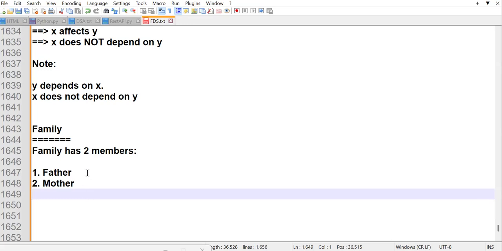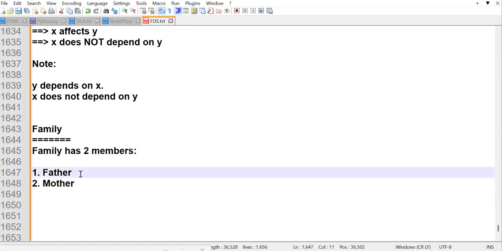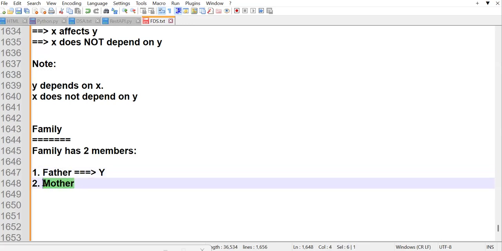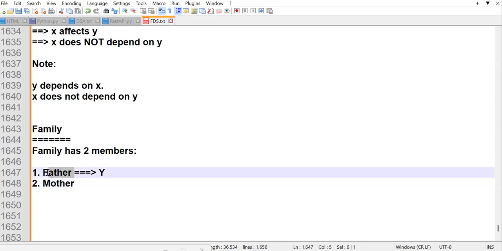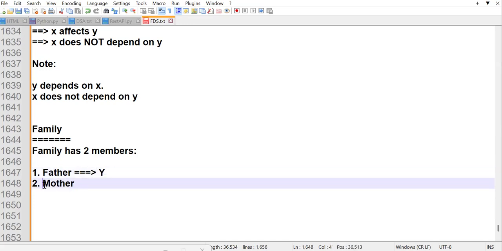So what is dependent variable? Father is dependent variable. So father is Y. Why is father the dependent variable? Because the mother's lifestyle totally depends on father's income. If he is earning well, he will provide a good lifestyle.